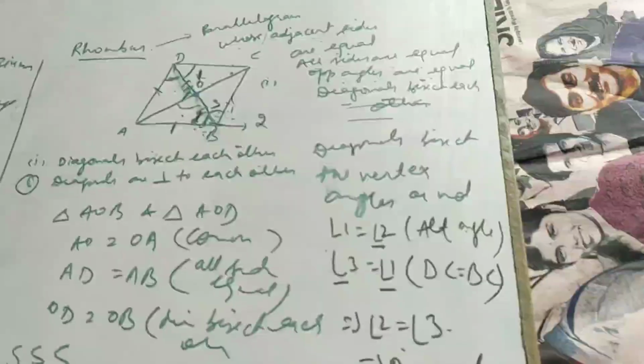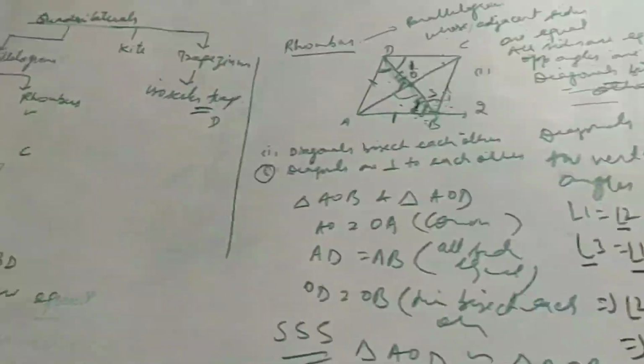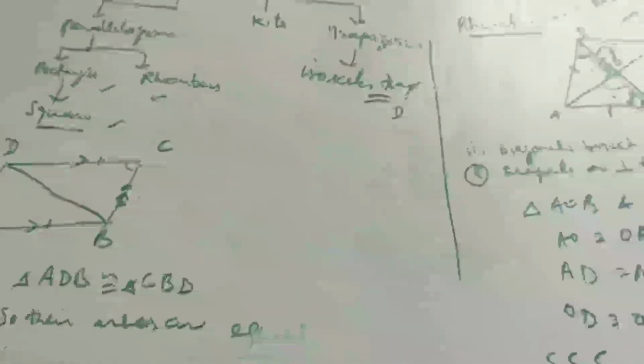So these were the few important properties of the parallelogram, rectangle, square and rhombus.